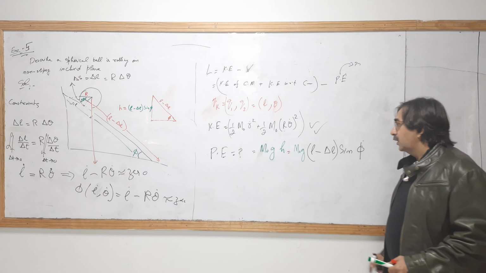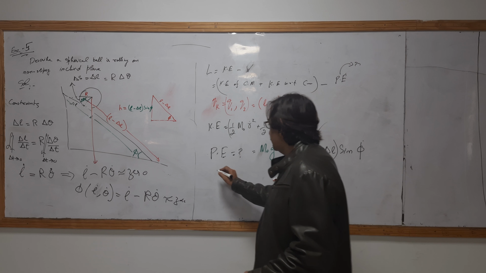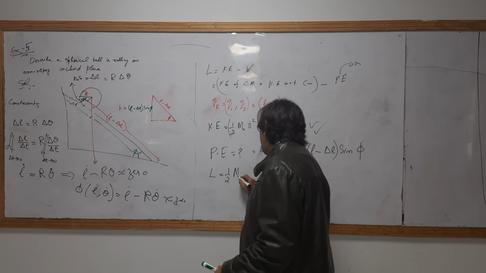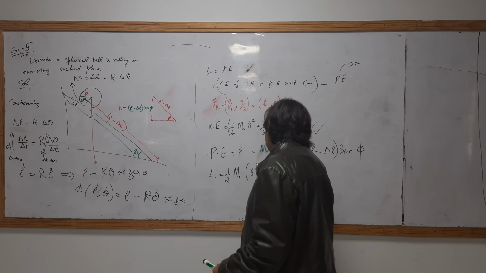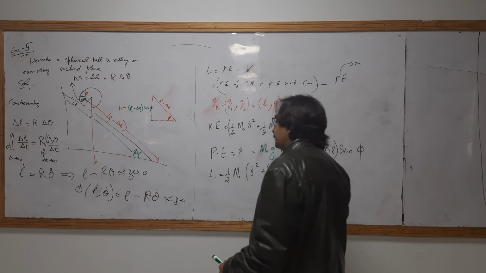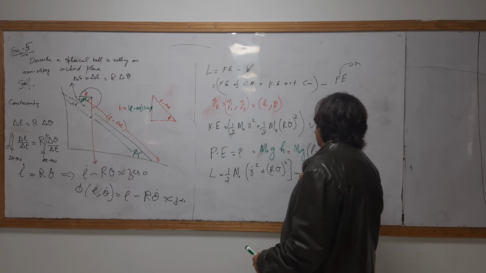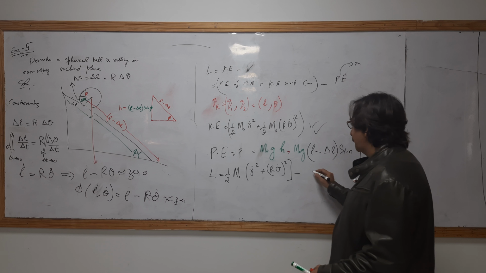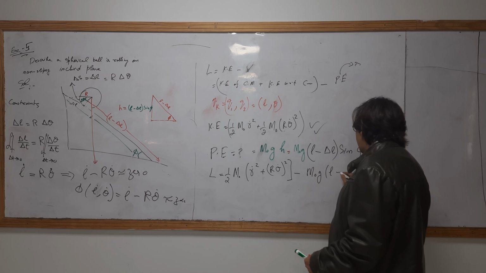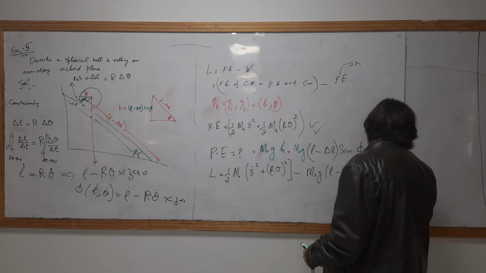So this will be the potential. So the Lagrangian L will become 1/2 m naught (r dot square plus r theta dot square) minus m naught g (L minus delta L) sine phi.